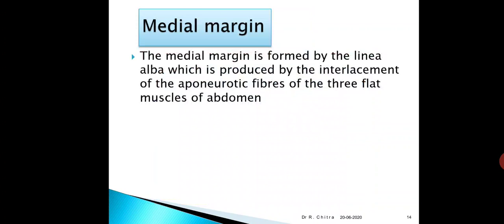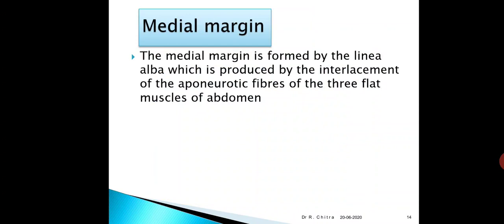Medial margin of the rectus sheath. The medial margin is formed by the linea alba, which is produced by the interlacement of the aponeurotic fibers of the three flat muscles of the abdomen. Below the umbilicus it is linear, but above that it is wide. Attachments of the linea alba: above, it is attached to the tip of the xiphoid process, and below to the upper margin of the symphysis pubis.